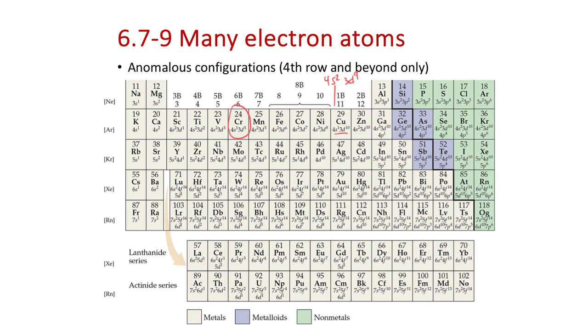Now, interestingly, some elements do this the whole way down, like silver does the same trend, and then gold does that same trend as copper. And so we see an interesting group trend where all of these elements here do the same basic trend. Now, when you get into some of the larger elements, roentgenium, you may look and say, well, it doesn't follow the trend. Well, it's such a large element.